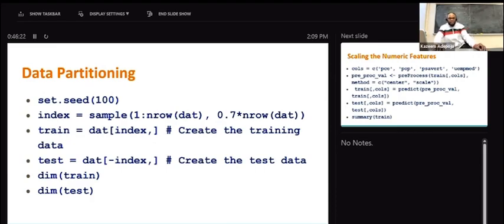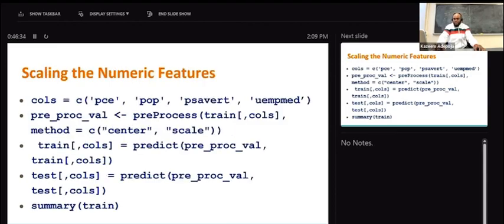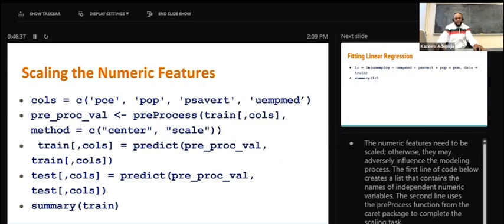I'm using 70-30 because the largest percentage of the data should be committed to training. It could be 70-30, 80-20, 75-25, and the like. We have the variables, there are 5 in number. We train, we test, we fit.